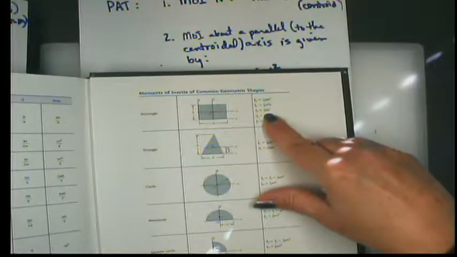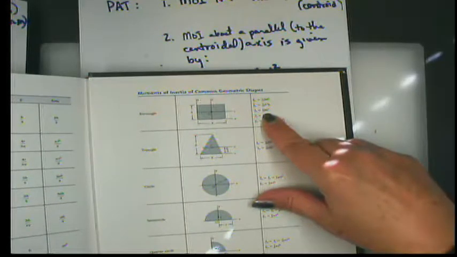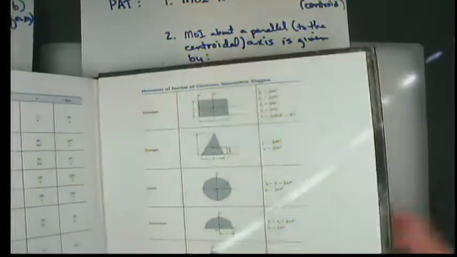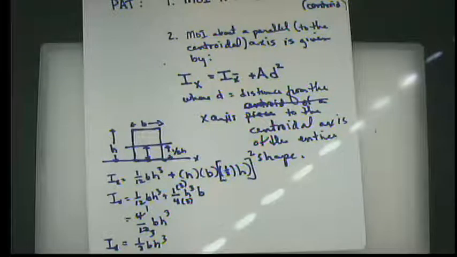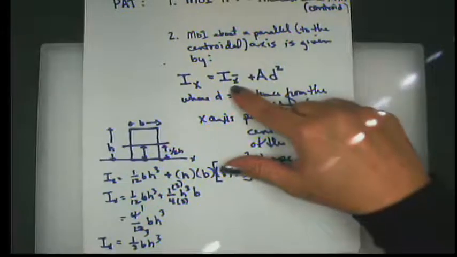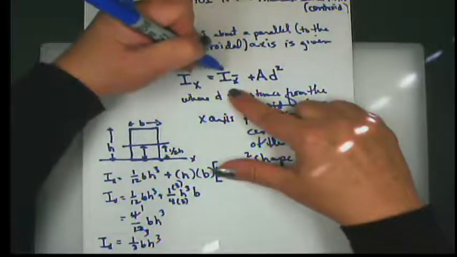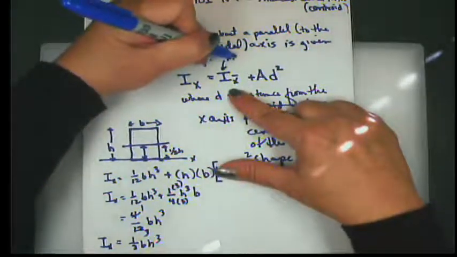And if I look at my book, that's what it tells me. That's not really a mathematical proof, but it's sort of an engineering problem that illuminates the issue that the parallel axis theorem works. Now, the one thing that I want you to notice is that Ix bar must always be a centroidal moment of inertia.